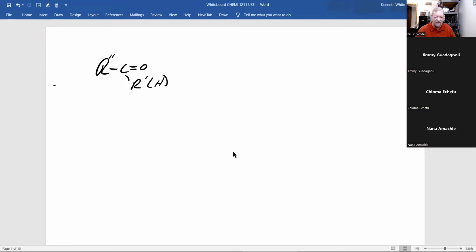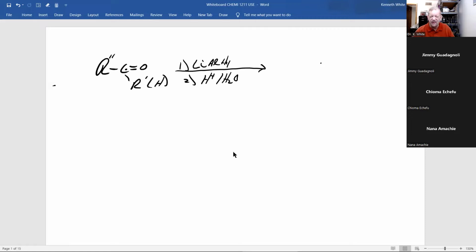If R prime is carbons, it's a ketone. In the first step, you react it with lithium aluminum hydride. Second step, acid, which is H+, and water, H2O.